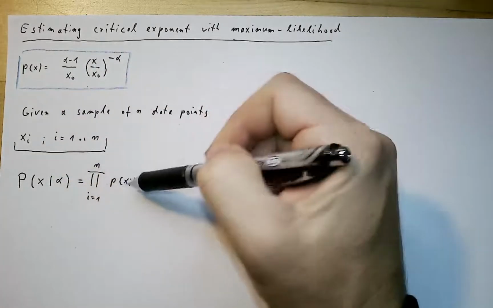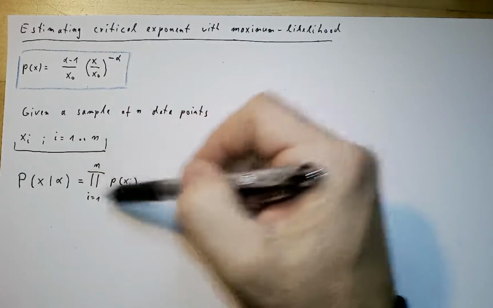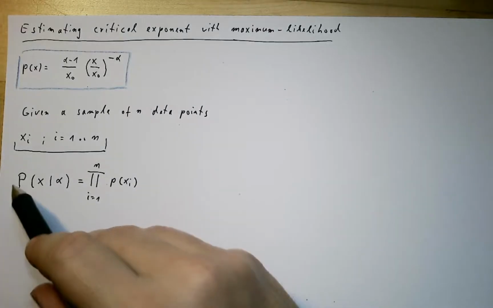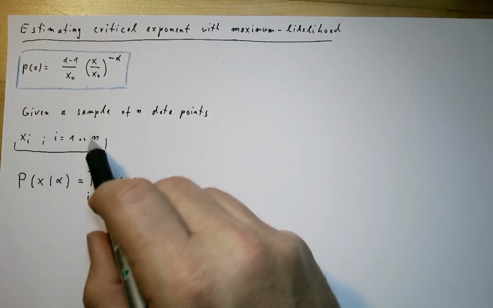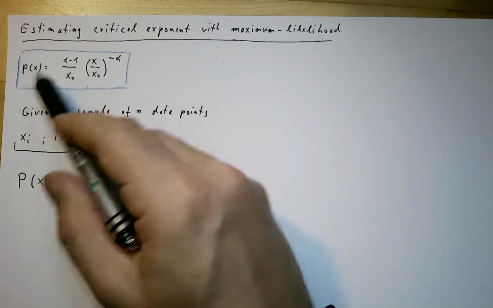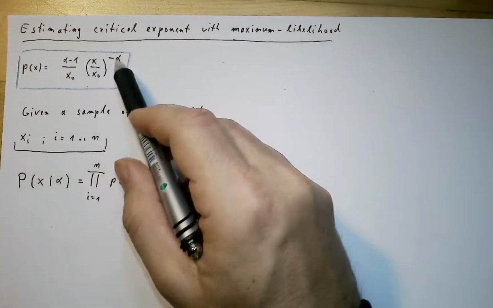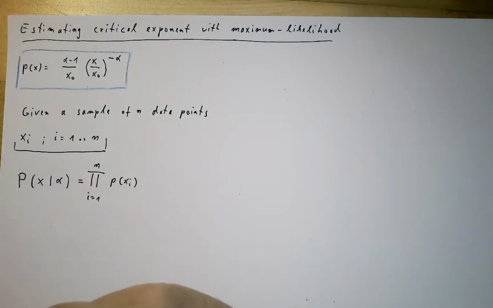That's just our distribution, and we have n points, so we have to multiply all these probabilities, and this gives us the probability if we just take n realizations from this distribution with a certain alpha. That's the probability to exactly get the sample.